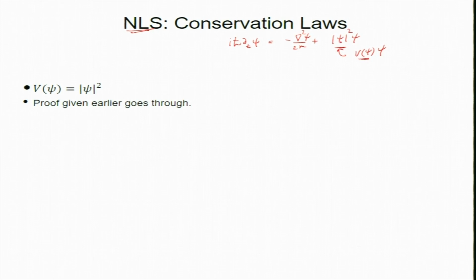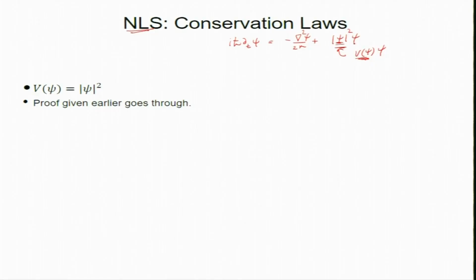So V psi is mod psi square, correct? V psi is a function of psi itself. Normally we think of the potential as a function of x in a typical Schrodinger equation, like the Coulomb potential or a delta function, but here we make V a function of psi itself. So this is a nonlinear equation, everybody agrees with that. So this is V psi.